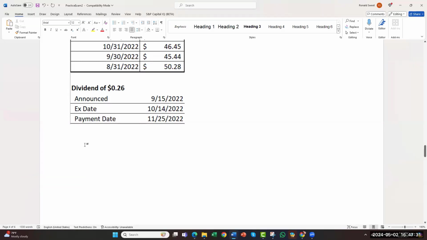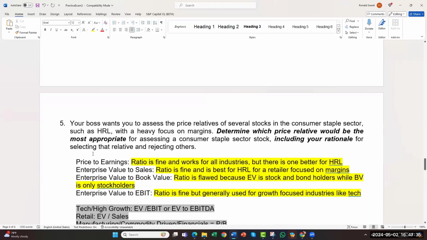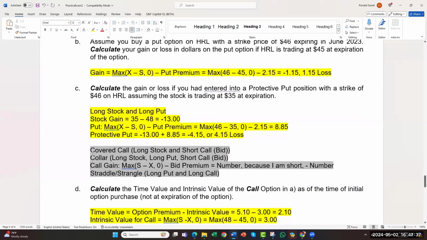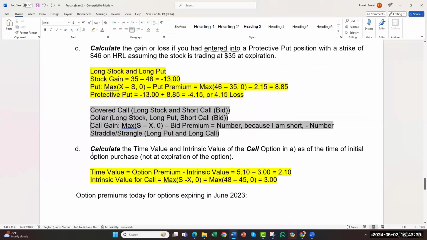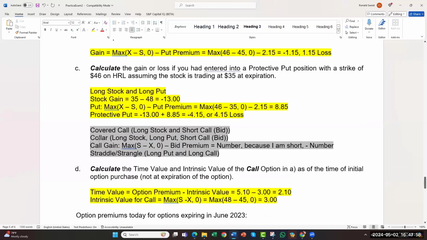Professor, can you go back to that same section you were just going over with someone? Just for my own self, when you say I'm getting the long call and the long stock, I'm a little bit confused. I understand what the long call is using the max of S minus X. I understand all of that, but when it says long stock, that's when we do what you put up there, the stock gain, 35 minus 48.